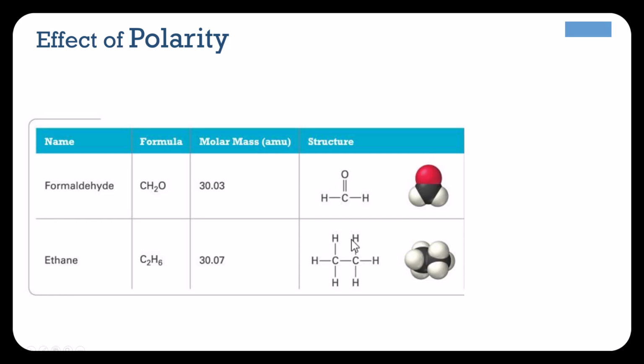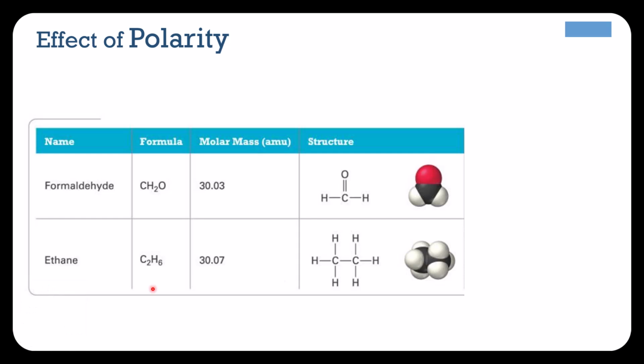Now, if I look at these two molecules, they look pretty similar in size, right? The size doesn't look terribly different. If I look at their molar masses, they are very, very similar, right? It's about as close as we can get. Well, how would we delineate which one of these is a stronger intermolecular force? Which one's going to have a higher attractive force?